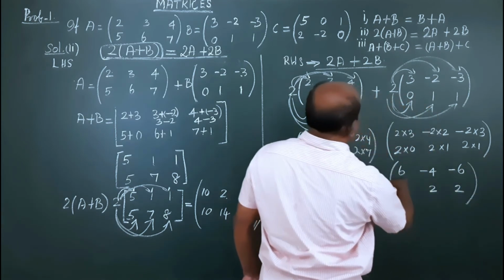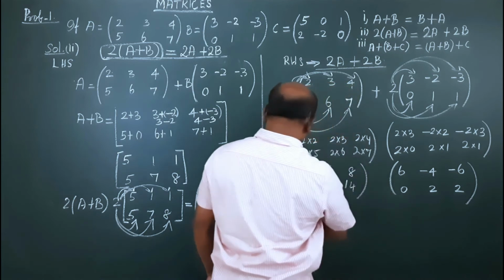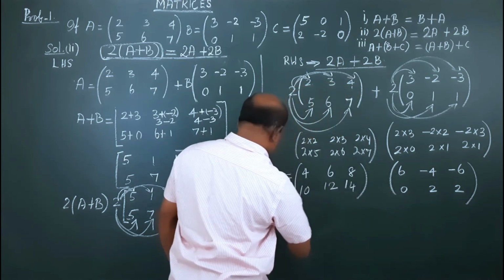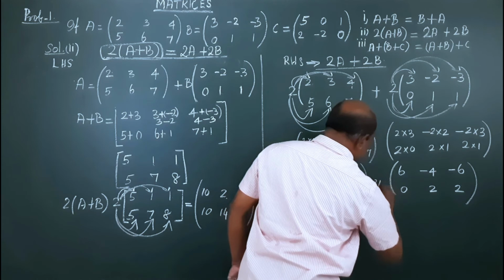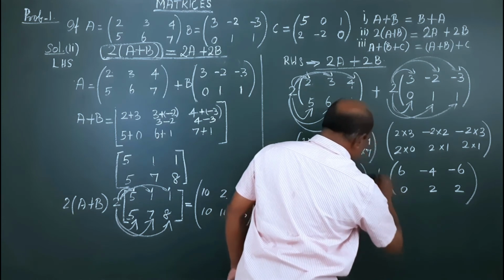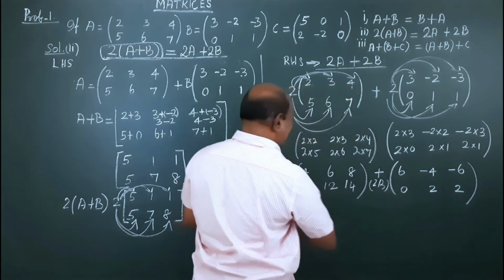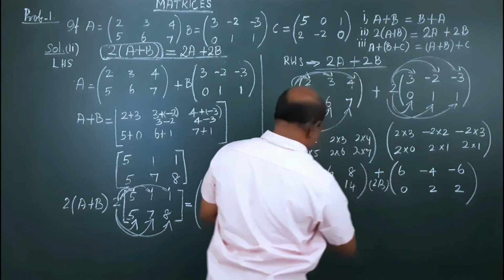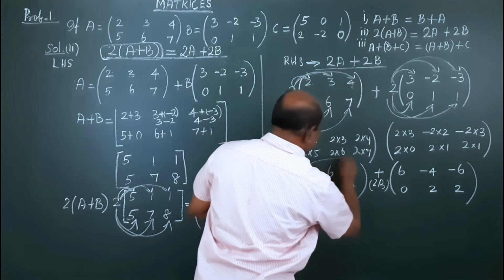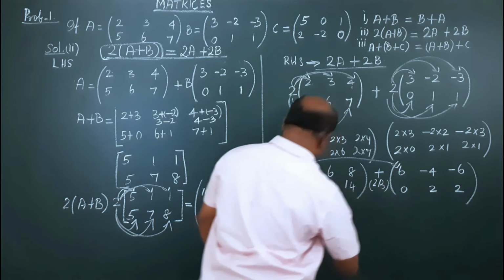This is 2b. Now this is 2a. It is equal to 2a. It is of 2b. Now we are going to add it. 2a plus 2b. Now the corresponding element 4 added with the 6.